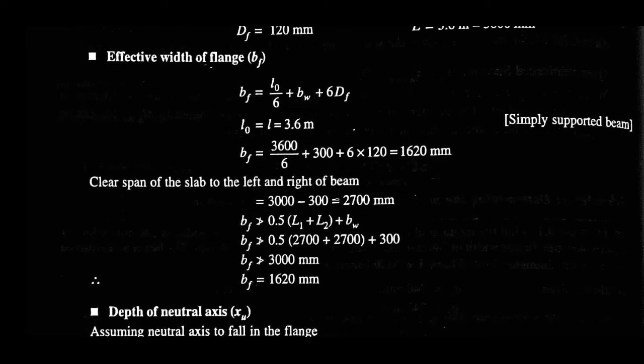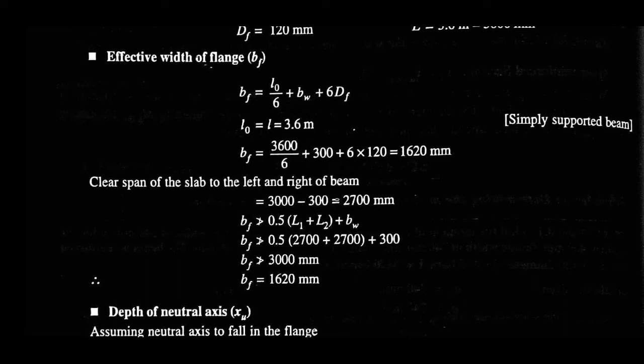Now clear span of the slab to the left and right of beam is 3000 minus 300. The clear span is 3000 and 300 mm is the width of web. That's why we have to deduct 300 mm to get left and right side, means total width of only flange, that is 2700 mm. So bf should not be greater than 0.5 into L1 plus L2 plus bw.